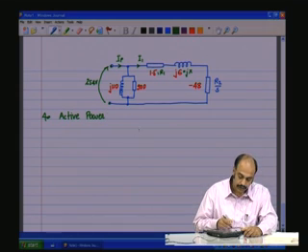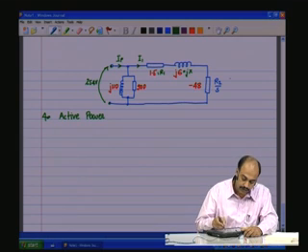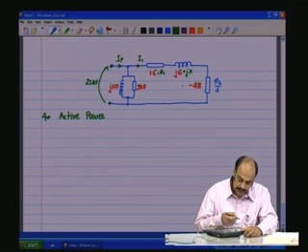The active power, because of the negative slip, is going from the mechanical side and coming to the rotor.